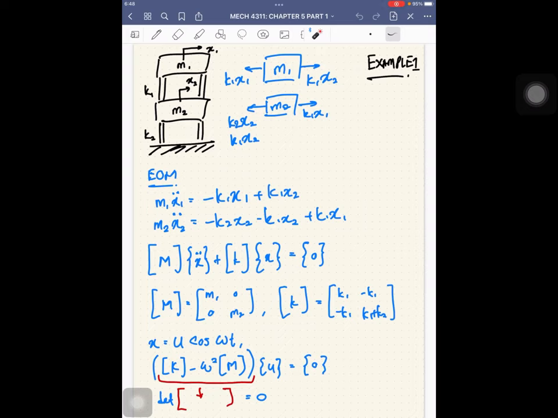So in this example, the one that we have done before, we have these two masses representing a two-story building.